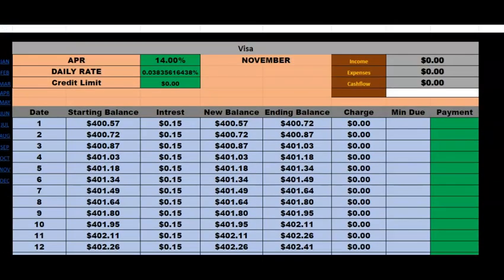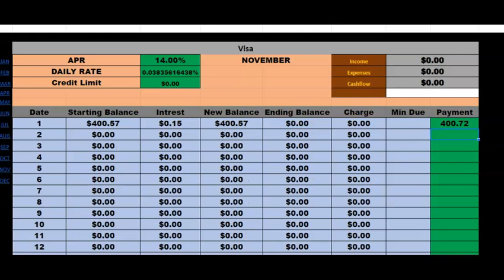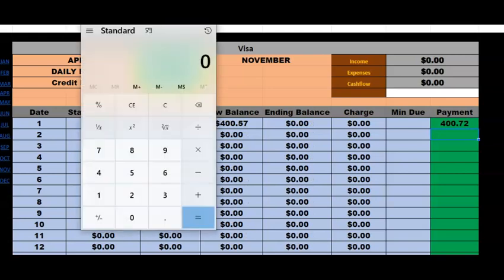So in November, we'll make that payment of $400.72. So if we take our cash flow of $680 and we subtract the $400.72, we have $279.28 left over.